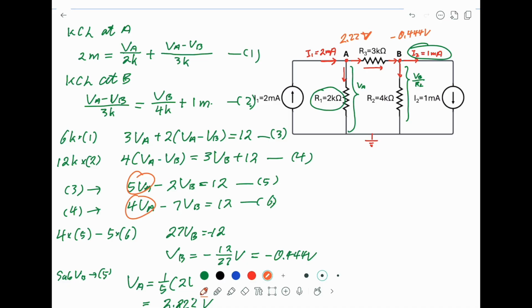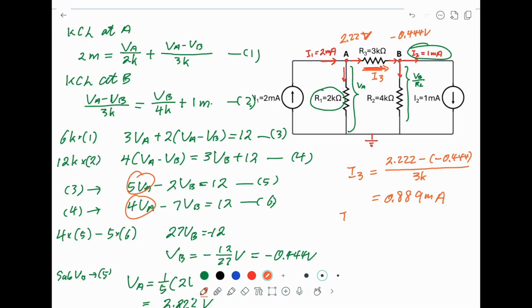However, VB is actually a negative voltage. So I3, the current passing through R3, is equal to 2.222 minus negative 0.444, divided by 3K. If you plug in the numbers, you get 0.889 milliamp.